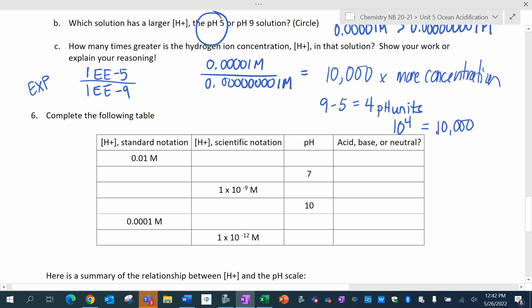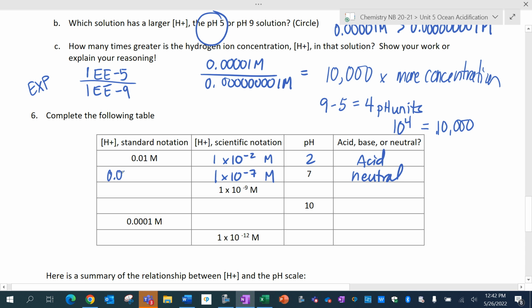All right, some more practice down here. So standard notation, scientific notation, the pH is 2. It is an acid. 7, that is neutral. So the scientific notation would be 1 times 10 to the negative 7.